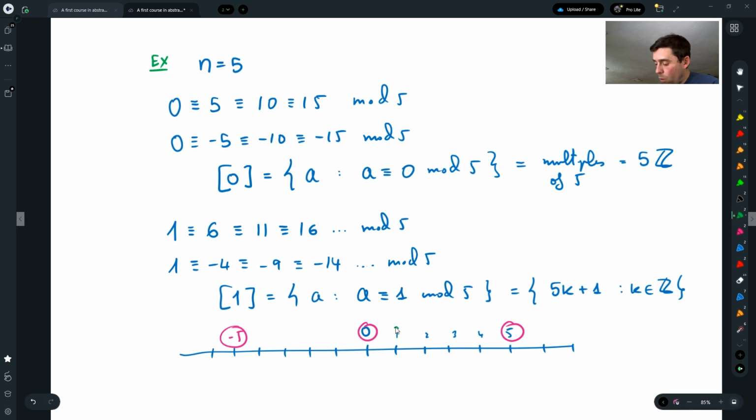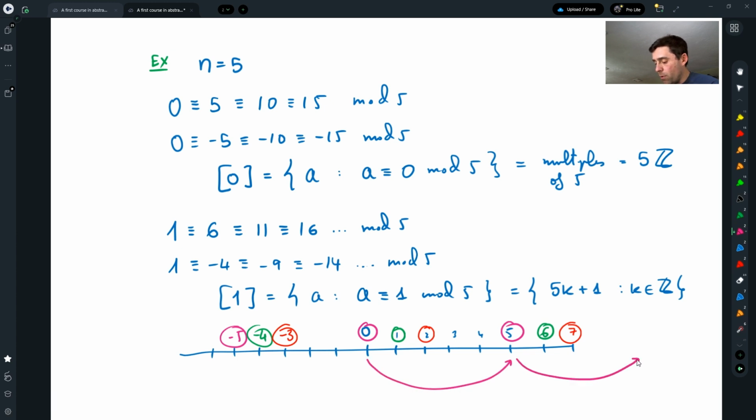And then 1 is congruent to 6 and also to minus 4. And 2 will be congruent to 7, but also to minus 3, etc. And then you see that there is a sort of cyclic behavior, where the classes just repeat like this.